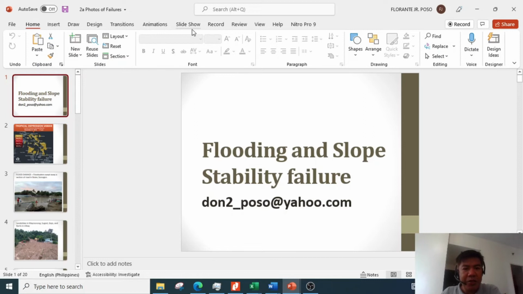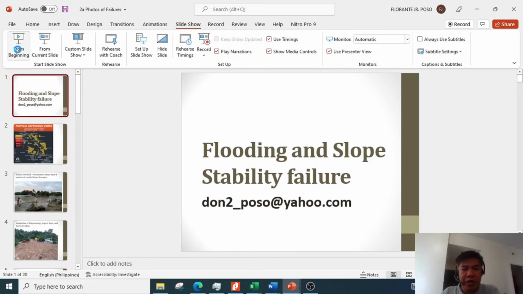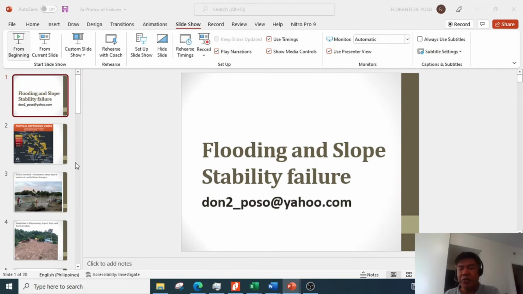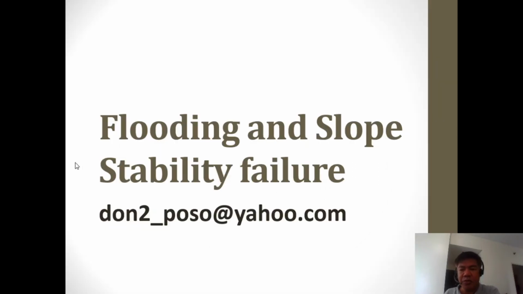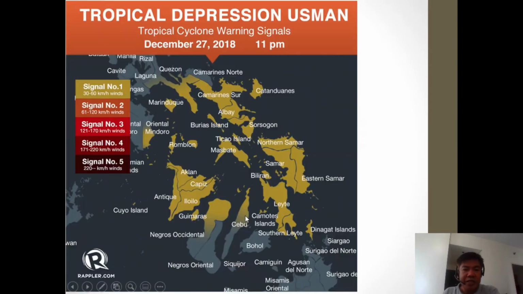This time I'll show you some pictures of the different failures in terms of slope, and it is caused by, most of them, actually, flooding and typhoon events. So of course, the Philippines is always prone to typhoons, especially in this area.